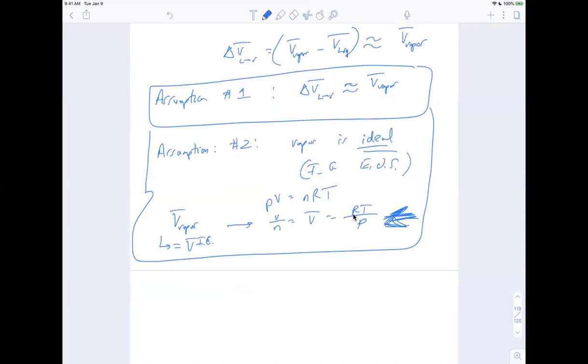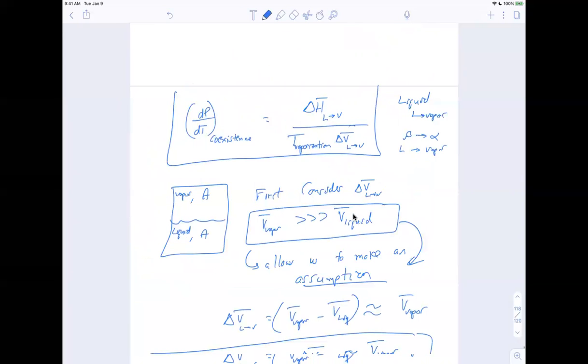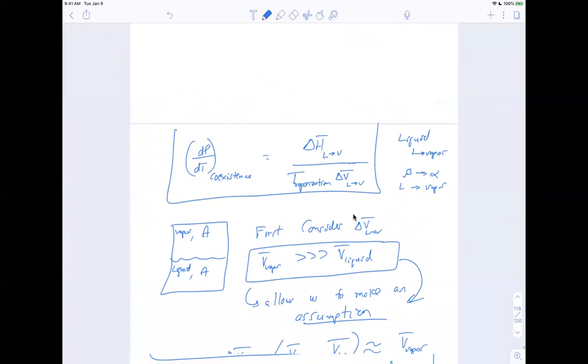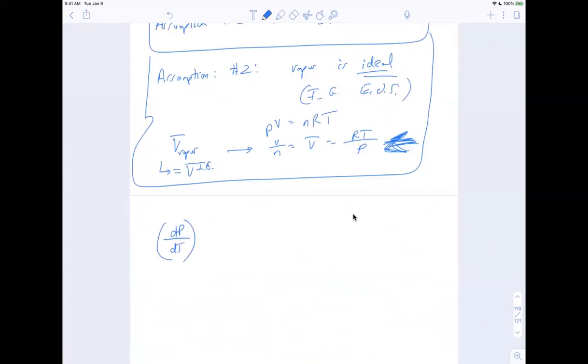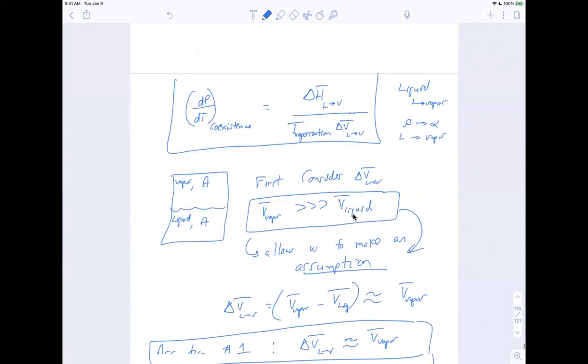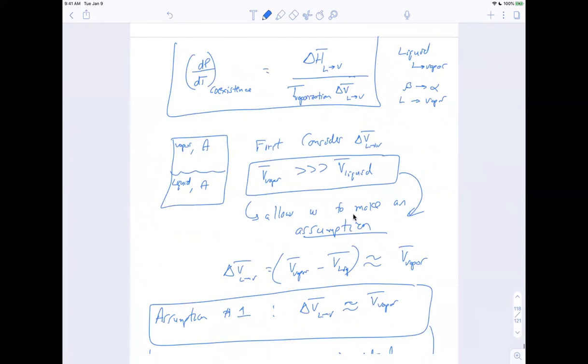So let's go back to this expression, which is at the top of the screen. dP/dt at liquid vapor coexistence is equal to delta H to go from liquid to vapor, that's what we have at the top, divided by T vaporization.